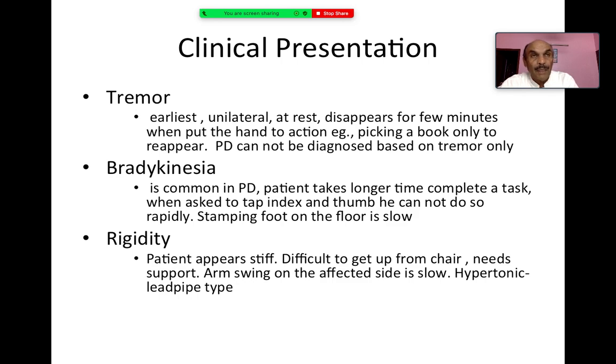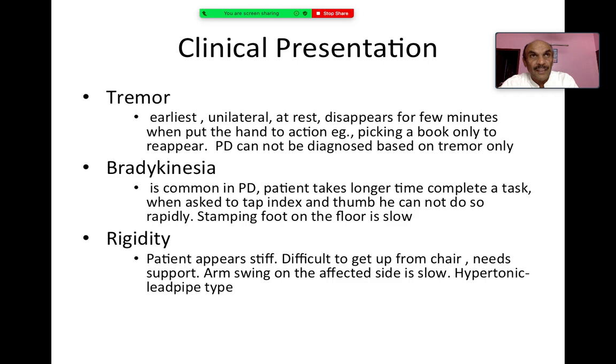And hypertonic limb, that means there is increased tone, that is hypertonicity of the affected limb. This is tested by the degree of resistance to passive movement around a joint. That means you experience excessive resistance to passive movement.